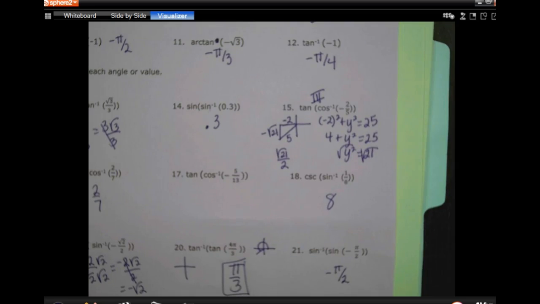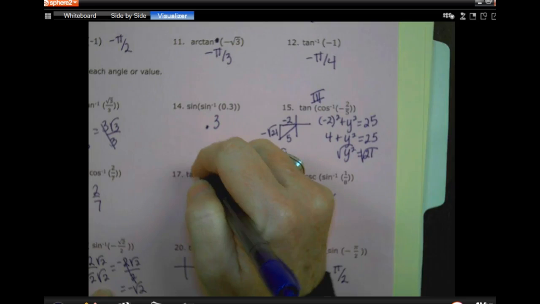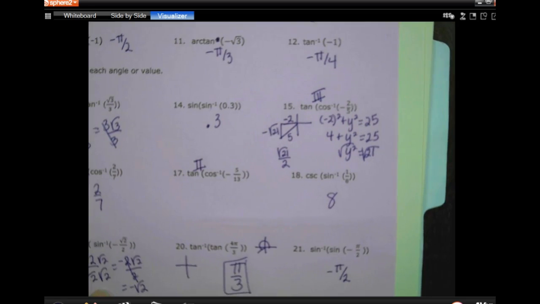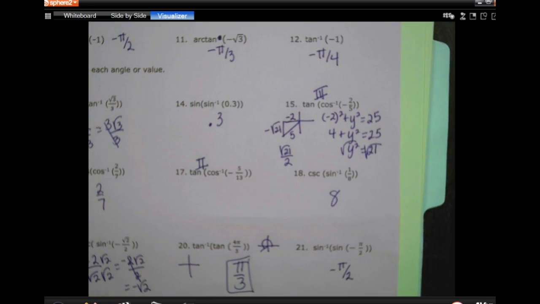So I'm going to do another one. Number 17. And this one, we're going to put it in the second quadrant. I'm not making stuff up. Honey, the radius is always positive.